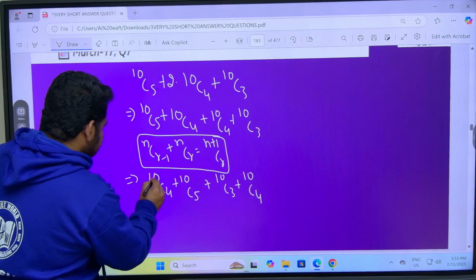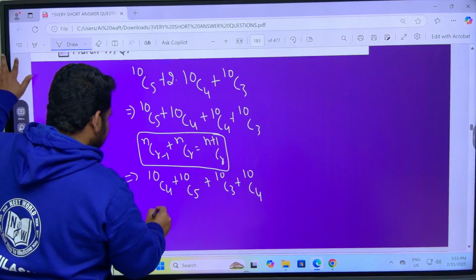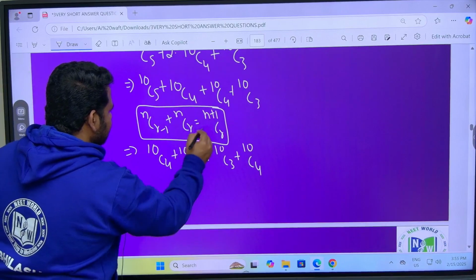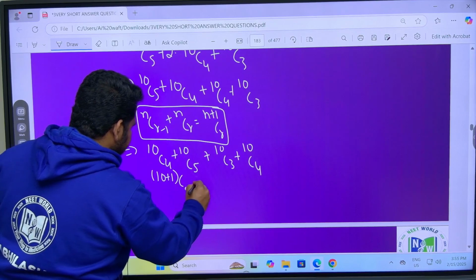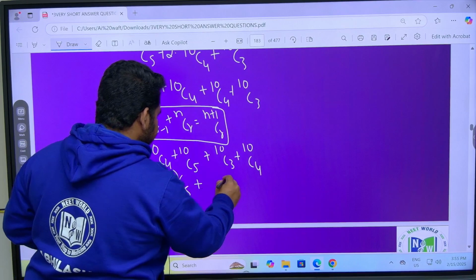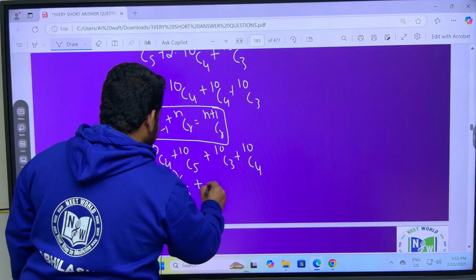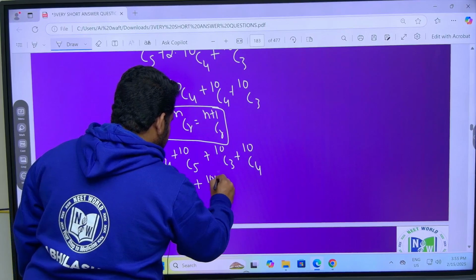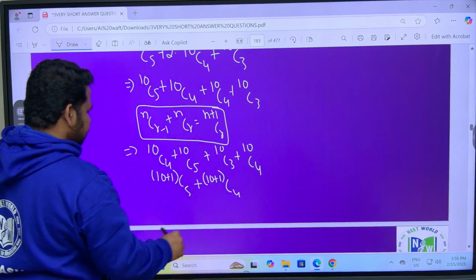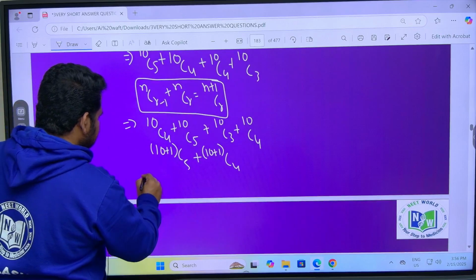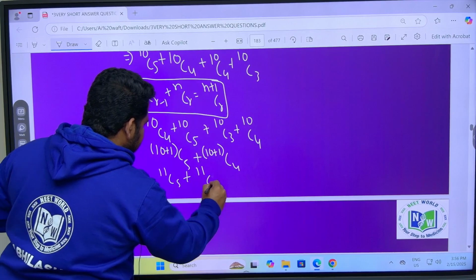See here, if r is 5, this is r minus 1. So this will be equal to (10 plus 1)C5 plus, here the r value is 4, so (10 plus 1)C4. So this will be equal to 11C5 plus 11C4.